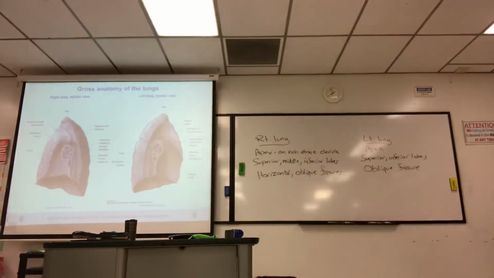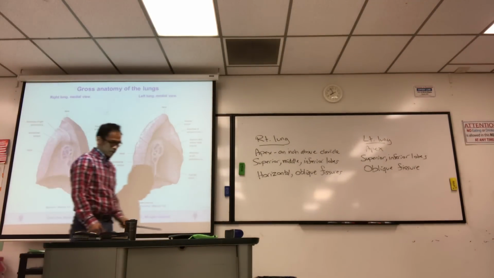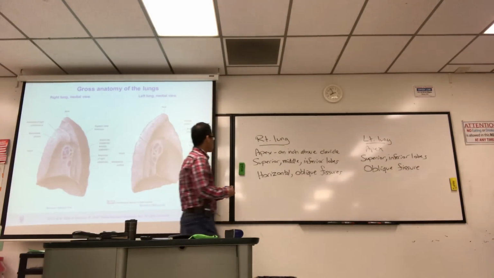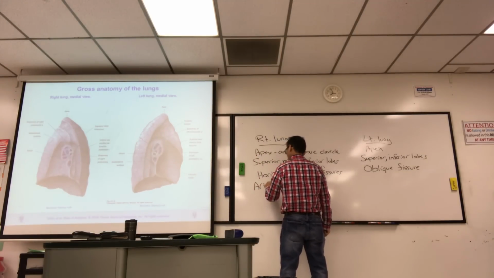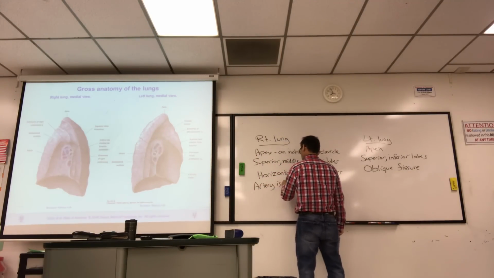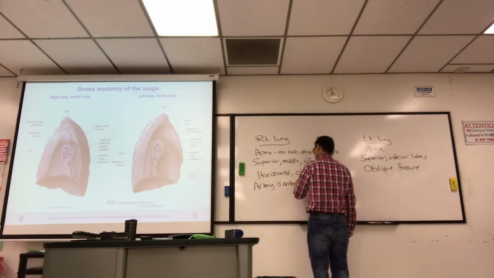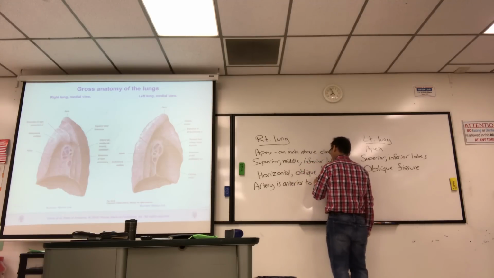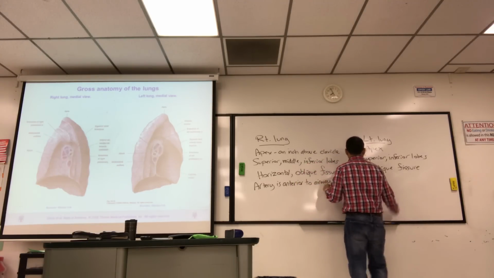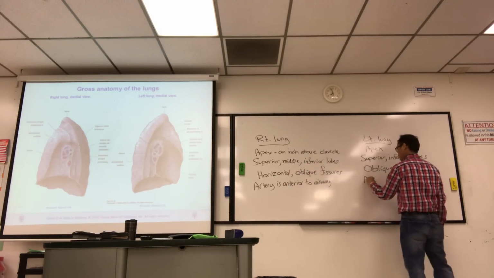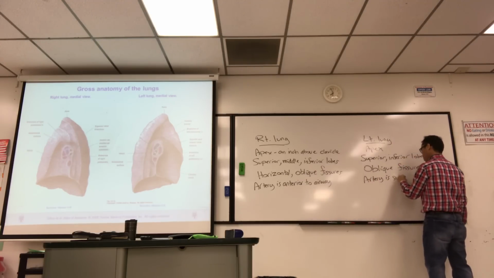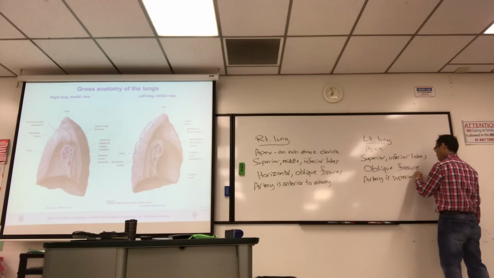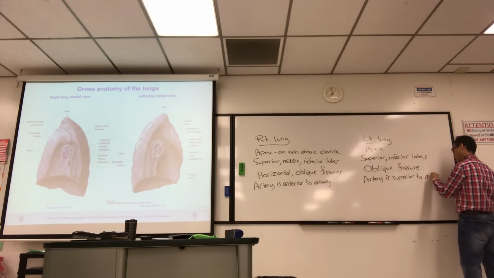The pulmonary artery, that is. So on the right side, the artery is anterior to the airway. And on this side, the artery is superior to the airway.